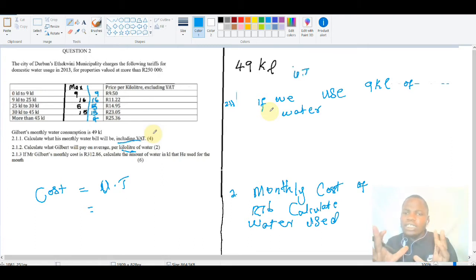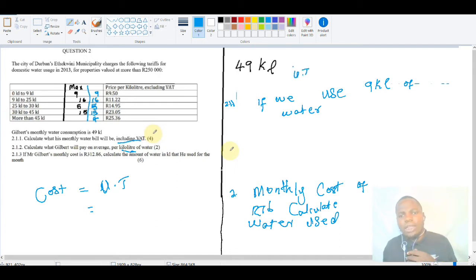If the cost that is there is less than the one that you are given, then that means you use the first tariff. If the answer is more than the answer that you get when you use the maximum, then only the first section of water will be accounted, and then you move on and add the next one.